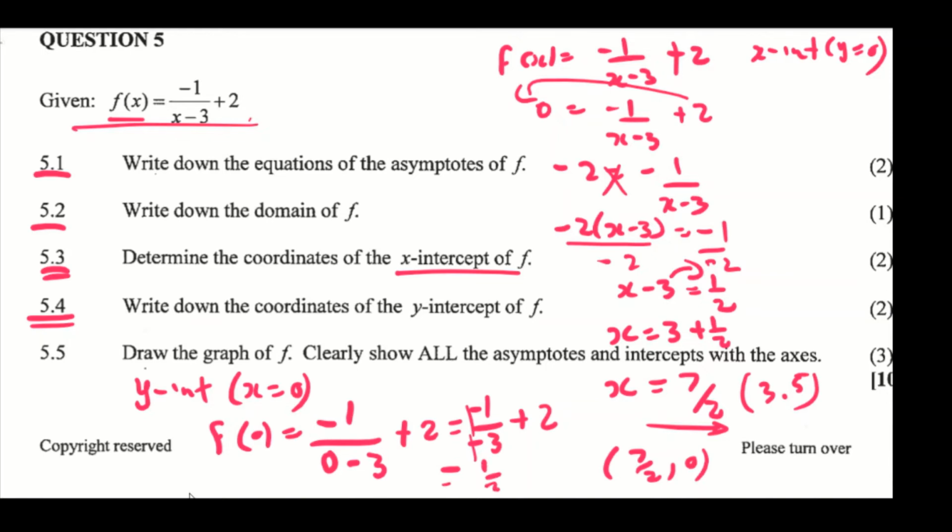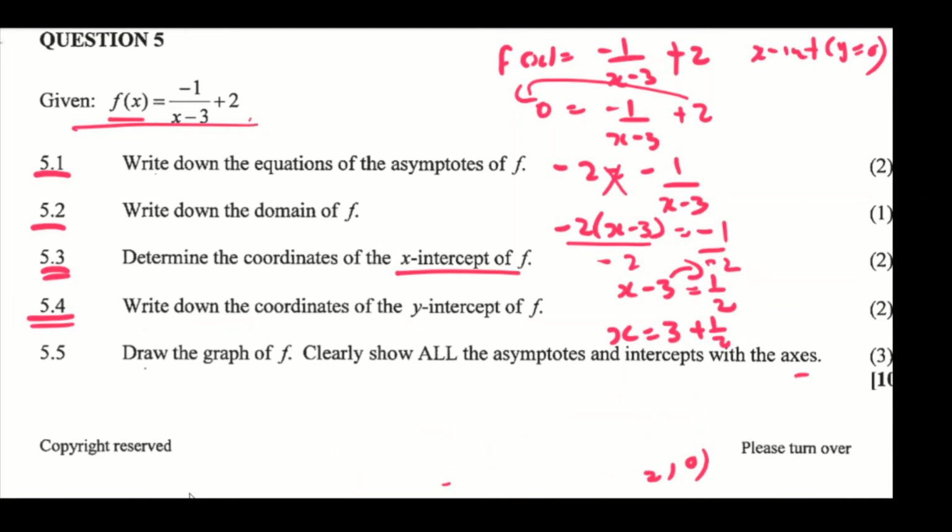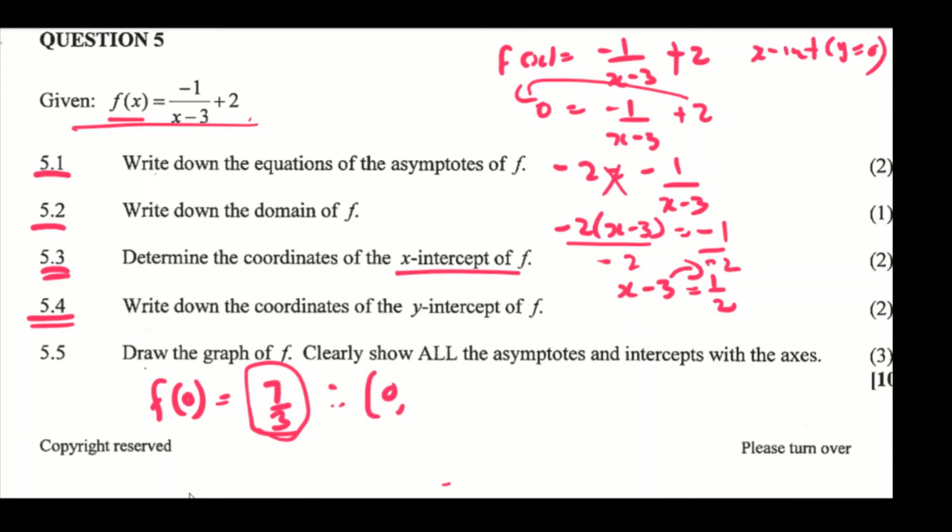You have 1/3 + 2, and it should give you 7/3. So this is your f(0), 7/3. Now the coordinate form would be (0; 7/3) for the y-intercept, and (7/2; 0) for the x-intercept.